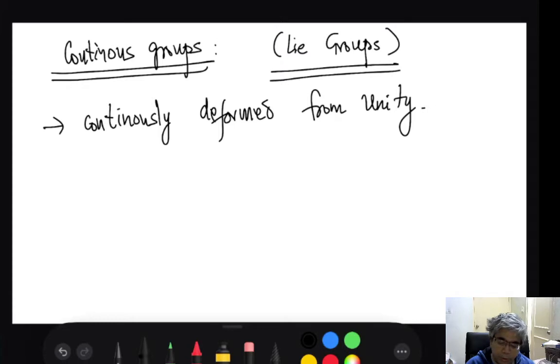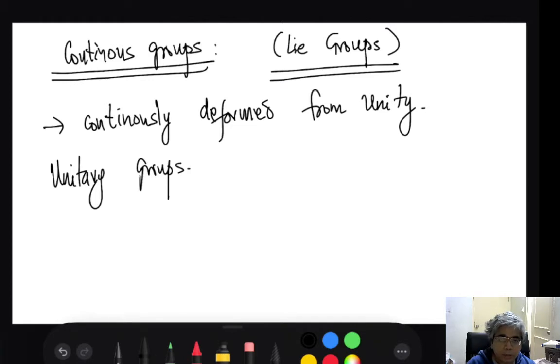One of the examples of Lie groups are essentially unitary groups. So unitary groups are Lie groups.